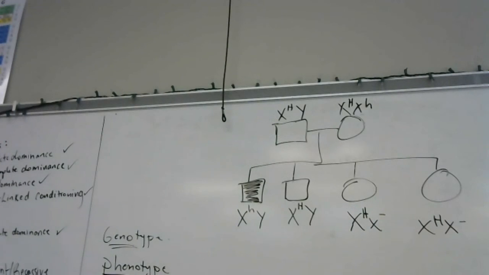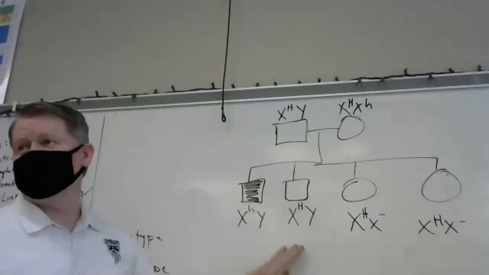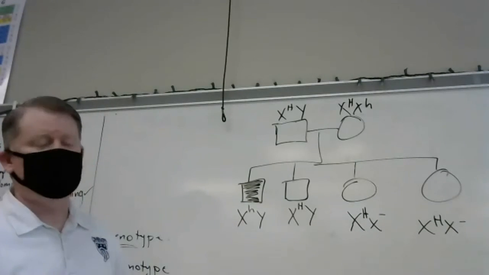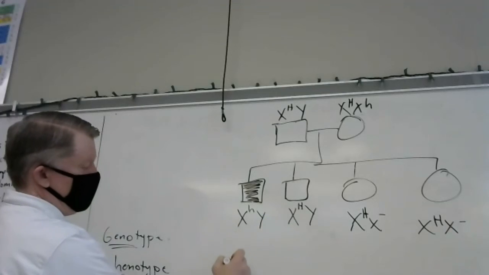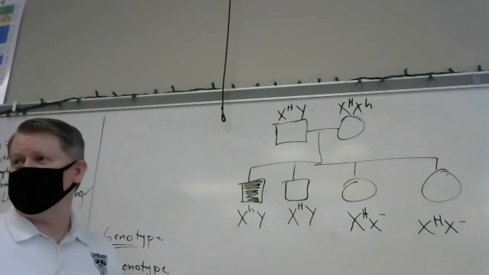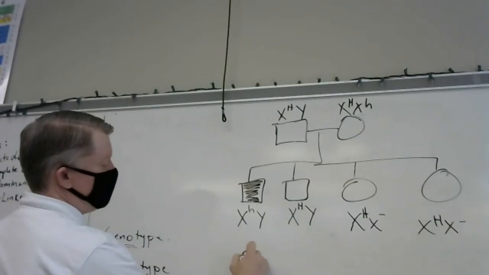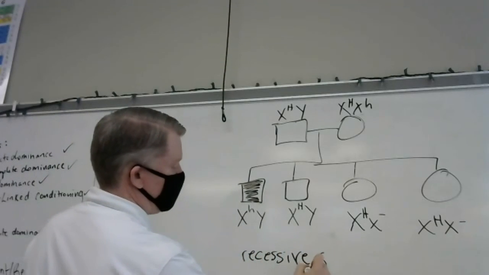So if we were to classify this, what's the mode of inheritance? You'll hear that word some. Here's the mode of inheritance for this one. Okay, so recessive, right? In other words, it takes a recessive allele to have the trait. So you say recessive sex-linked.